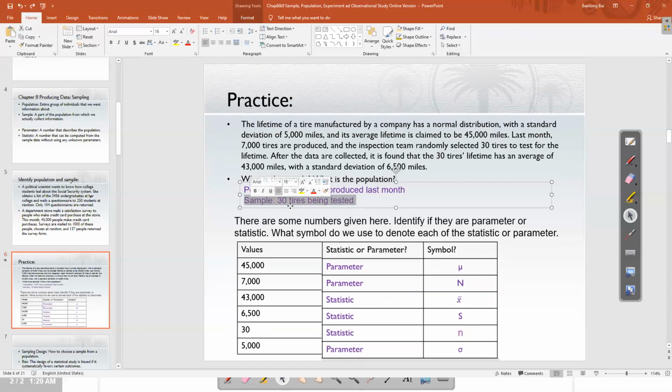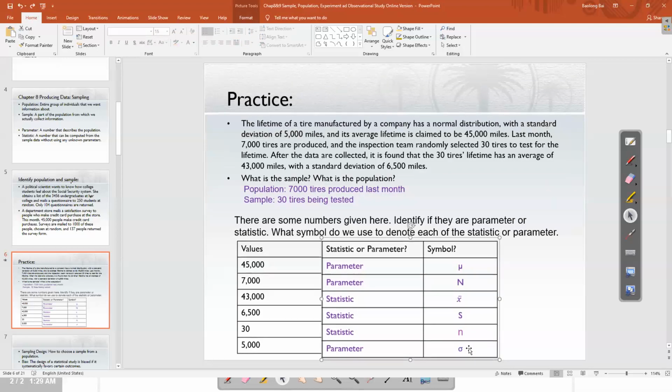So this is basically the size of the sample, so we use a small n. And then lastly, 5,000 is a standard deviation as well, right? But this standard deviation is referring to all the tires being produced. So that's a population parameter. And for the population standard deviation, we use the symbol sigma, right?